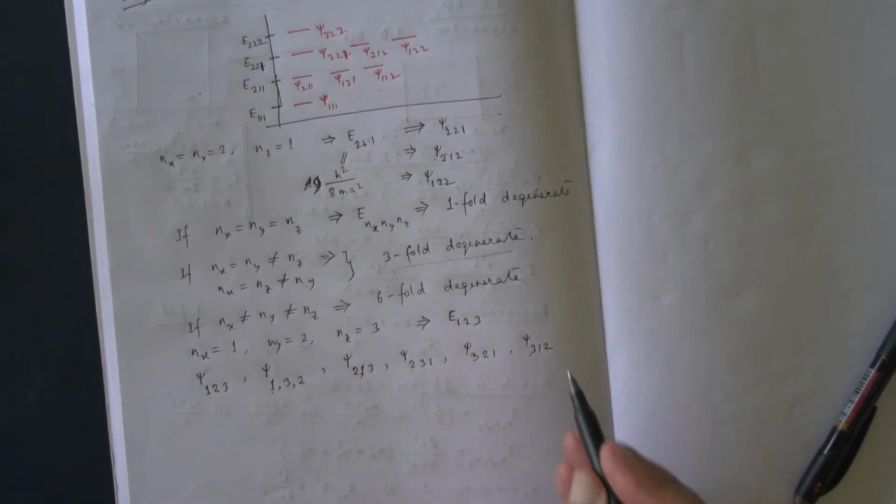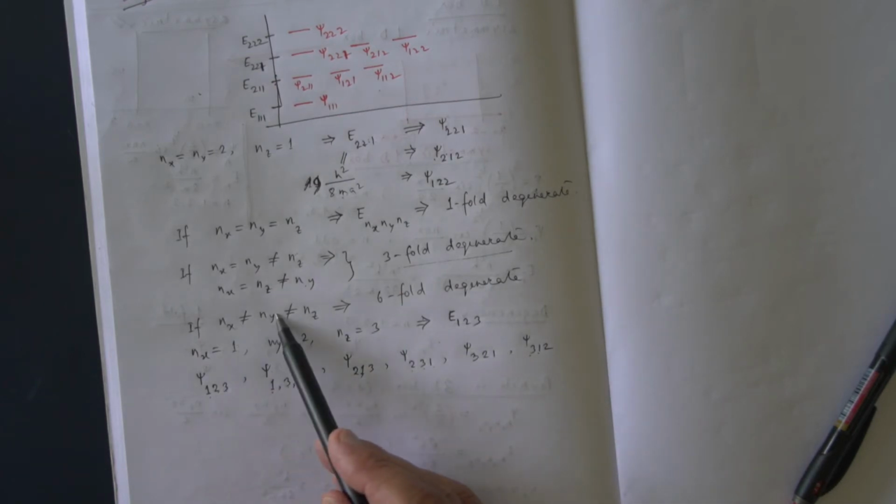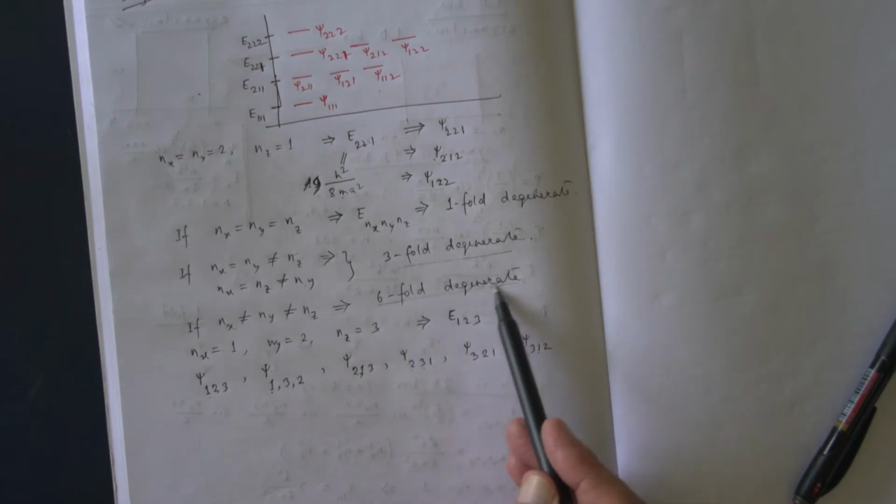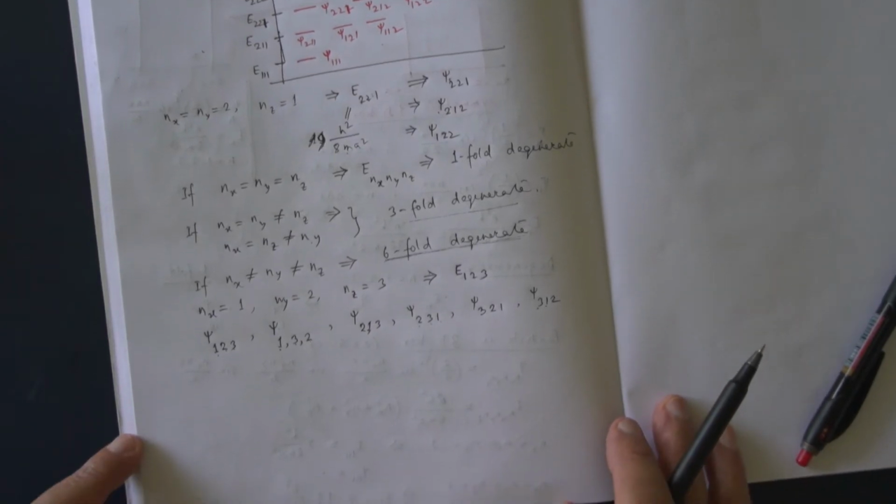So we will have 6 wave functions. That means we will have 6 states. So in this case, the energy level will be sixfold degenerate if all the quantum numbers are not the same.